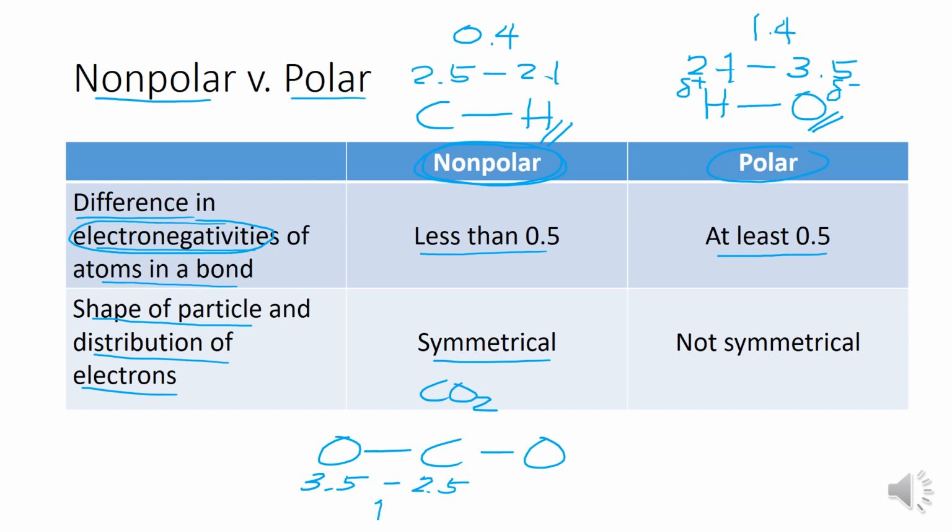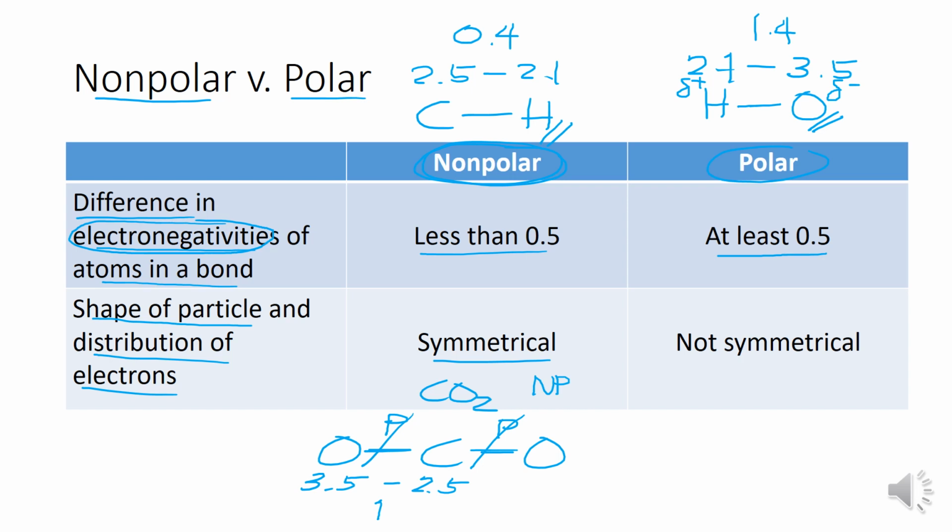Therefore, each of these two bonds is polar. But since those two bonds are directly opposite each other, the shape of the particle is symmetrical. Therefore, the two polar bonds cancel out, such that carbon dioxide is a nonpolar particle.